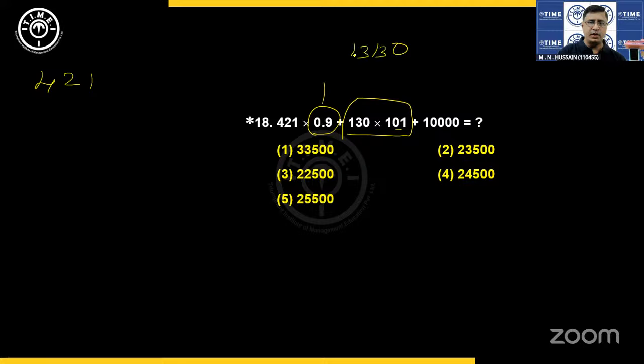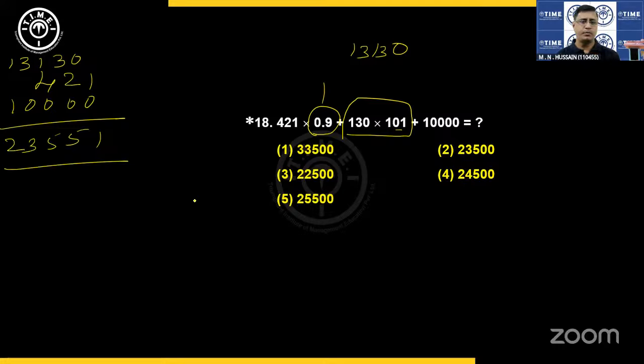Again 13 into 1, 13. So 13, 130. Plus 10,000. Now add all the values. So what is the right choice? Option number 2.